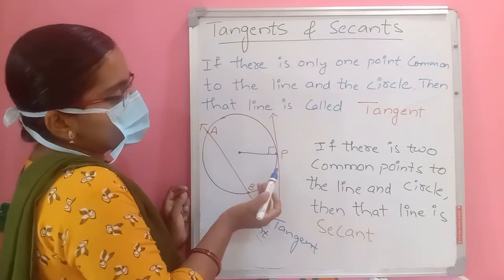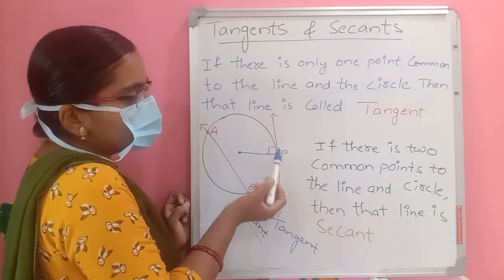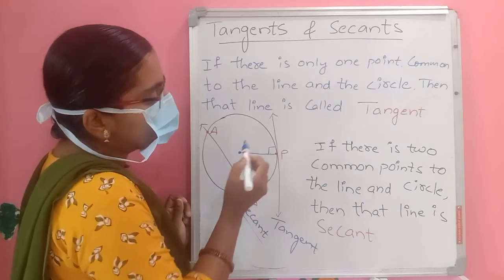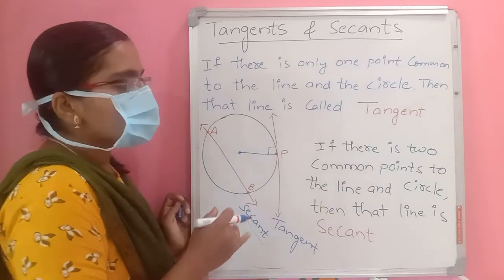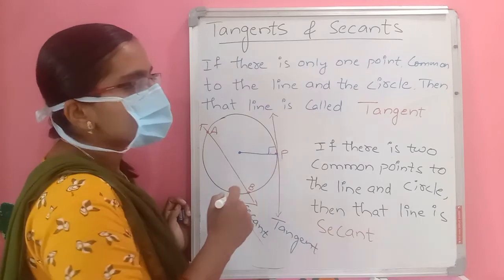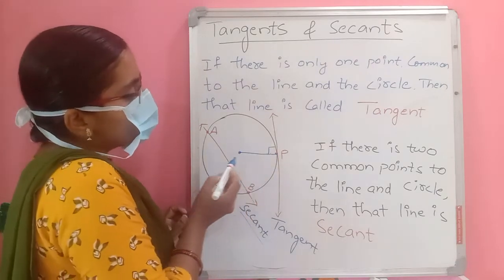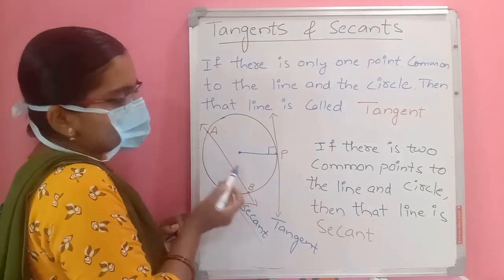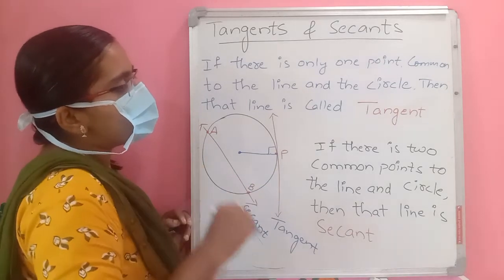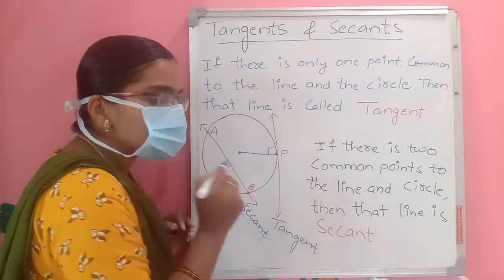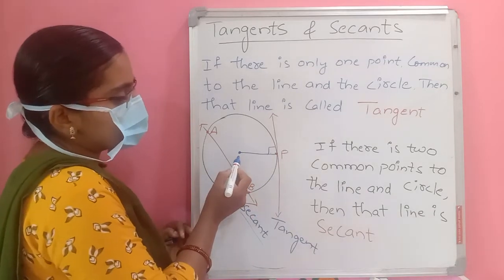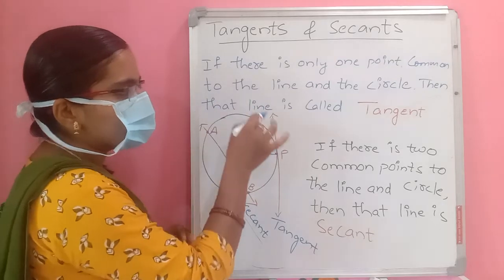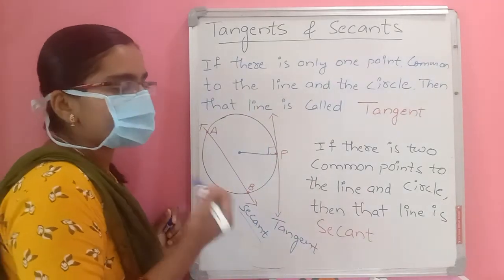This point P, where it is the common point, is called the point of contact. The radius from the center to this common point is always perpendicular to the tangent.